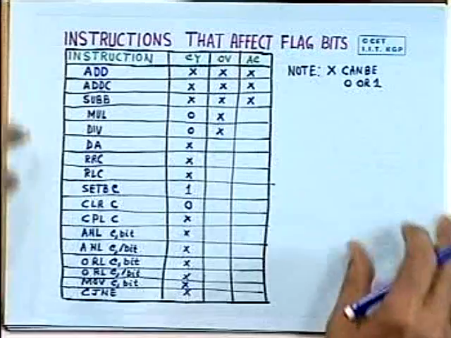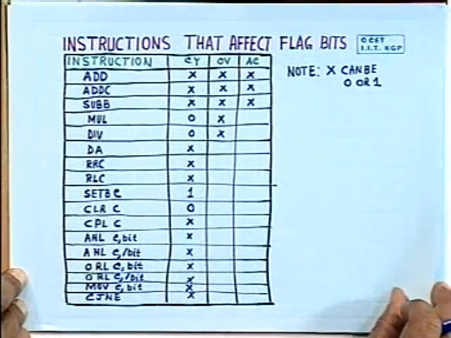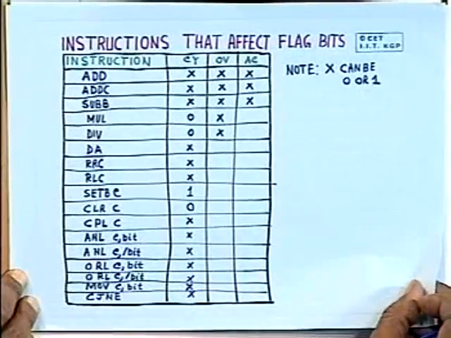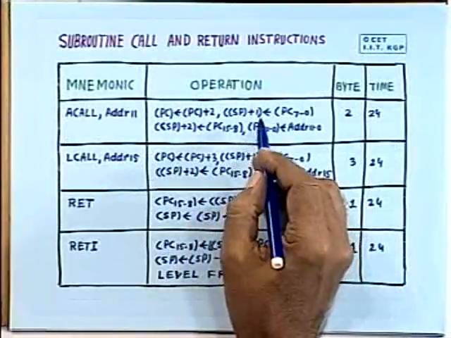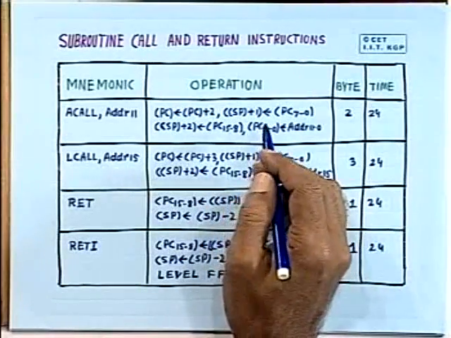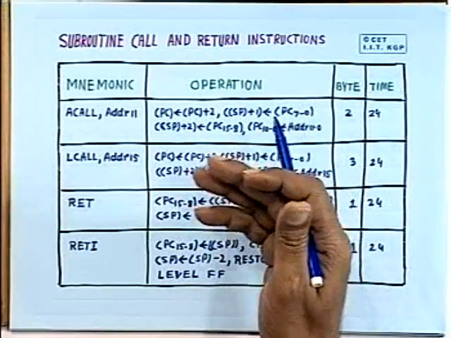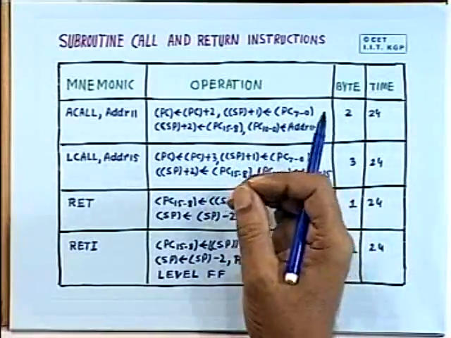Only in case of few instructions the flag bits are affected by executing various instructions. That's why only the program counter is pushed. However, if you want to push the program status word, you have to use a separate instruction for that purpose.